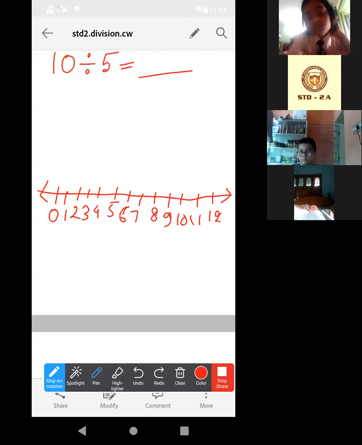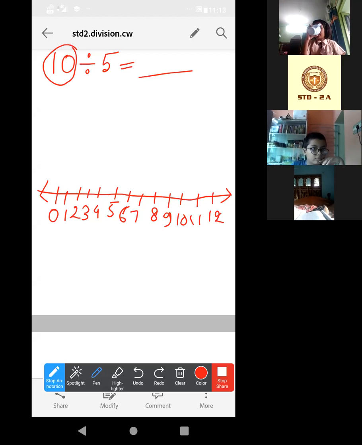Now the question is, ma'am, up to how many numbers do we have to draw? Look, the question is given as 10 divided by 5, so at least take one more value than 10. This one is 10, and I have taken 11 also, 12 also.